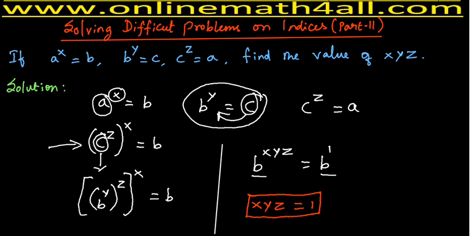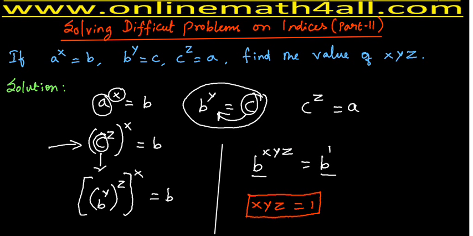Here we have three powers for b: y, z, x. When we have a power to the power, the powers can be multiplied. So I multiplied these three powers, x, y, z. So I get b to the power xyz is equal to b. On the right side for b, no power is given, so we can assume the power is 1.